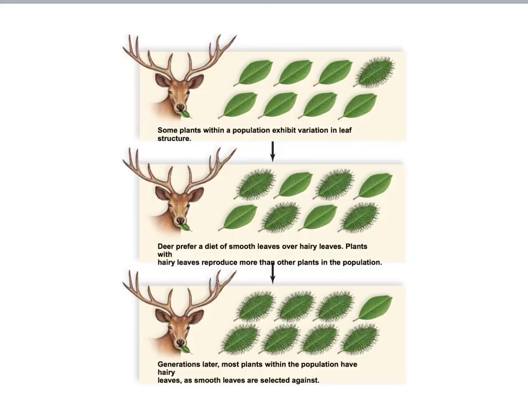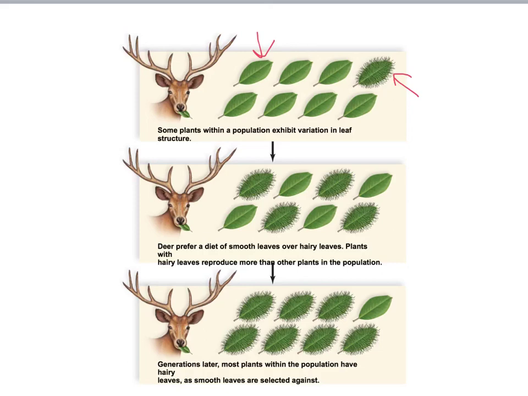Your book has a good example of what would happen if a mutation occurs in a plant that deer were eating. That mutation would cause the leaves of the plant to become hairy. Now, deer wouldn't prefer eating hairy leaves, and quite frankly, neither would I. So they're going to prefer eating the other smooth leaves.